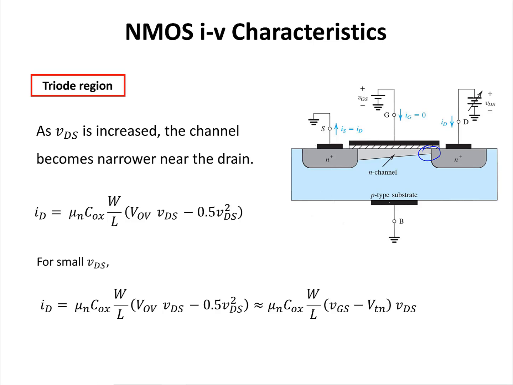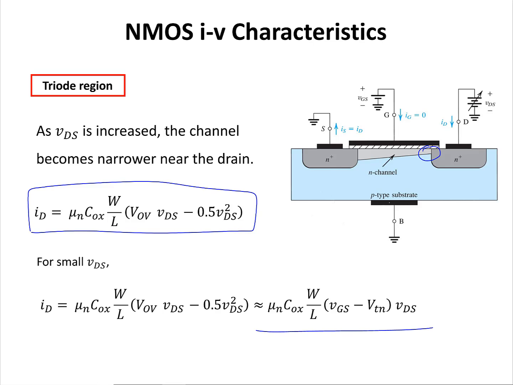As a result, the current equation that we are going to use for larger V_DS values is provided here. If you look at this expression, for small V_DS values we can discard this term here, and these two equations are similar to the one we had in the previous section. This region of operation of MOSFET is called the triode region.